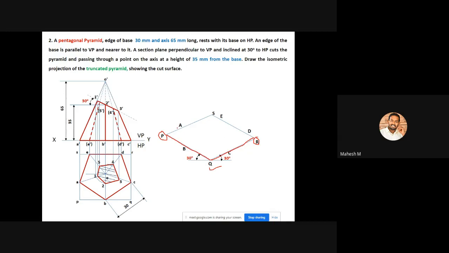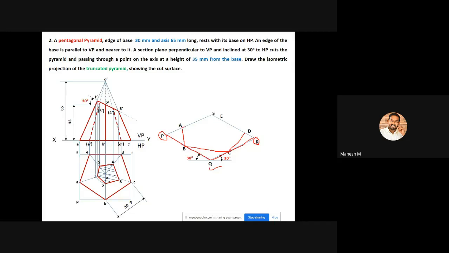So after creating this base, you can mark the 5 corners like A, B, C, D, E. And also with that you can join these 5 corners with the bold line. So in this diagram, edge AB will be visible and edge BC will be visible and edge CD also will be visible.